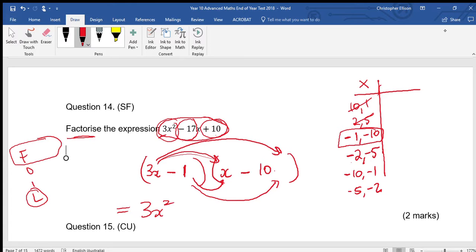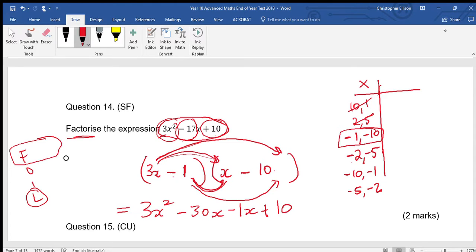Then let's look at outer. 3x times negative 10 would be negative 30x. Inner is negative 1 times x, which would be negative 1x, or just negative x. And then last, obviously, negative and negative give a positive, and 1 times 10 is 10.